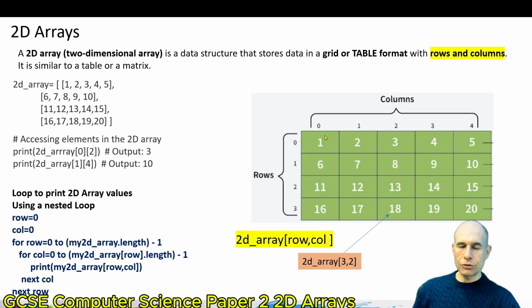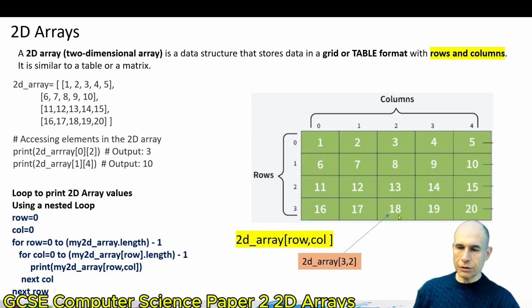So if I want to access this particular item, I have to say 2D array, square bracket open, 0, the name of the row, the row ID. So this is row number 0, and the column also is 0. So 0 and 0 is this position, and it has number 1 inside it.